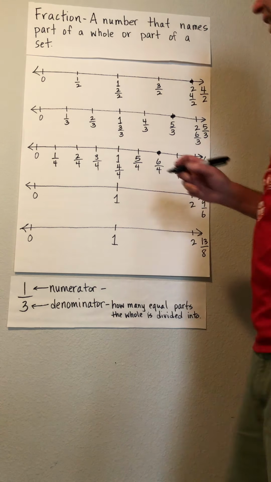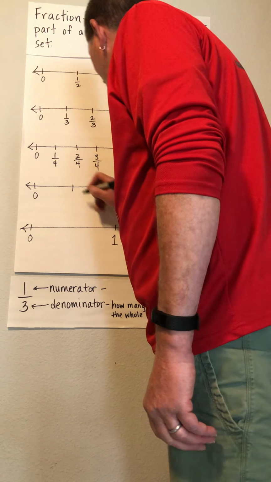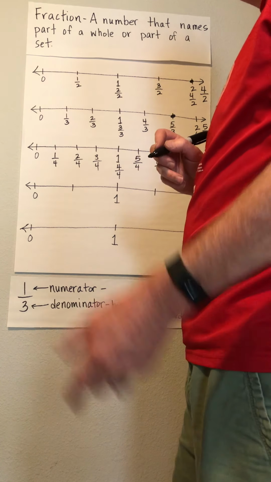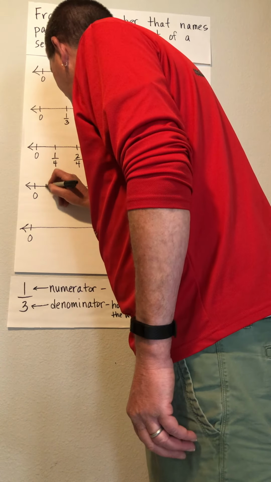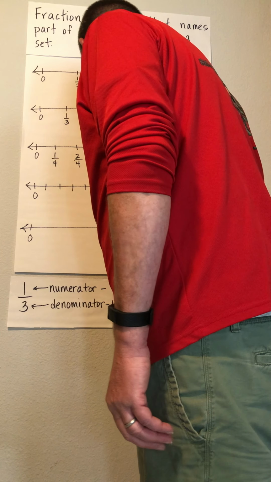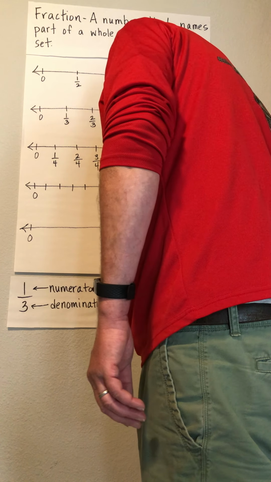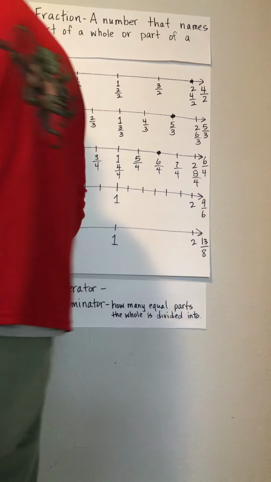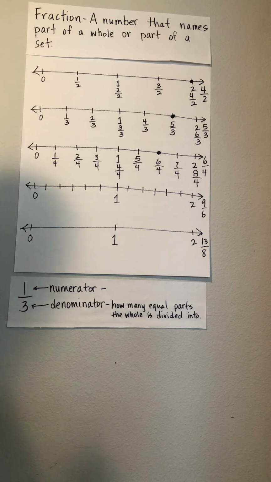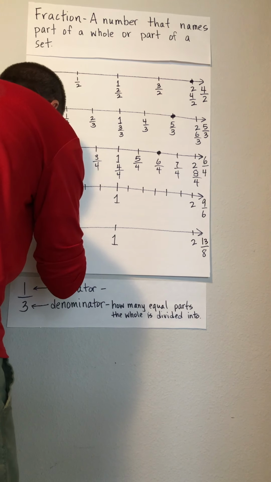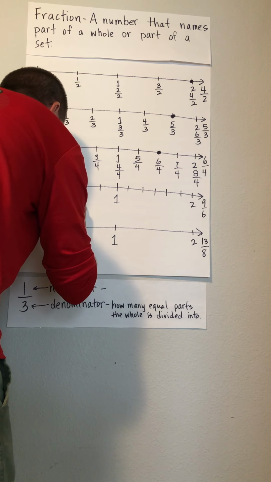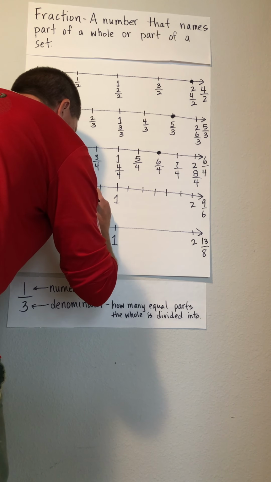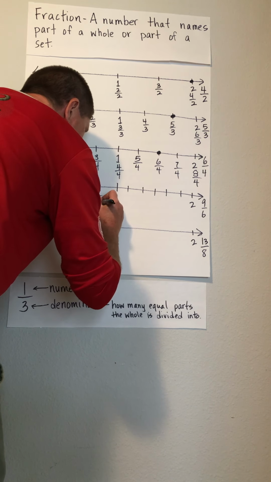6ths. So I'm going to divide each section in half. And then each of those halves I'm going to divide into thirds. Now, let's label them. Okay, these 1/6, 2/6, 3/6, 4/6, 5/6.